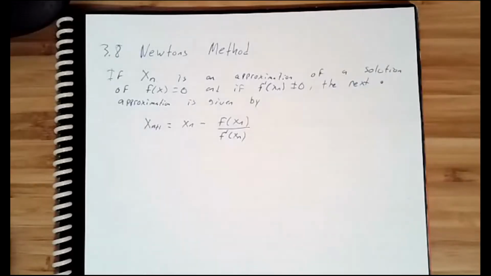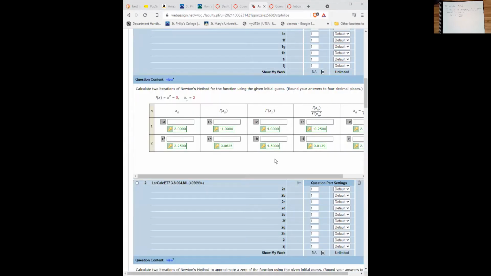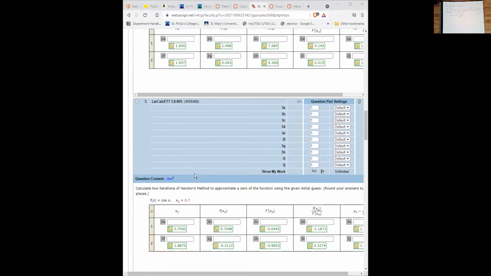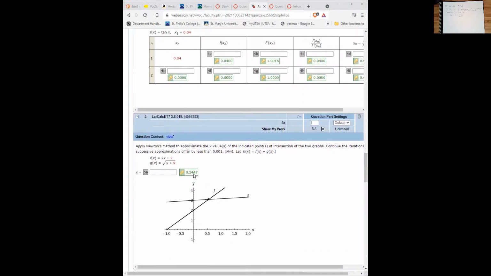Where's the homework at? Well, that's not the homework, that's just the solution. Here we go. So that's all they want you to do here. Same thing for that one. And we'll do one of them in a second. I'm trying to see if there's any different stuff here. Okay.